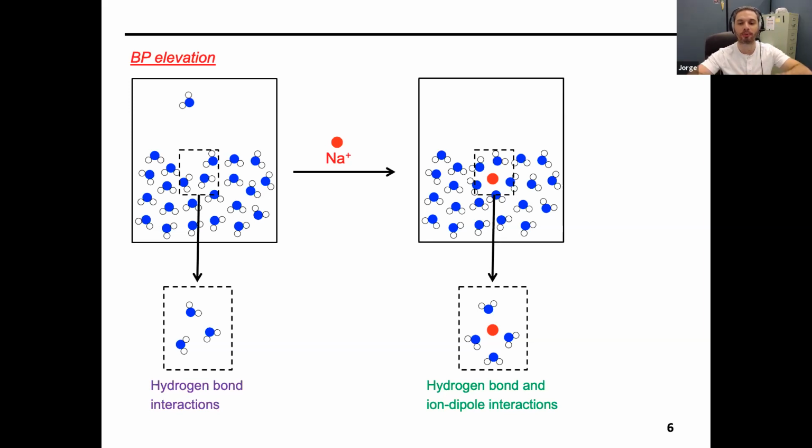Therefore, we need to provide more energy to the system to boil, which results in an elevation of the boiling point. So every time we add a salt in the water, and this salt is soluble, we will cause an elevation in the boiling point.